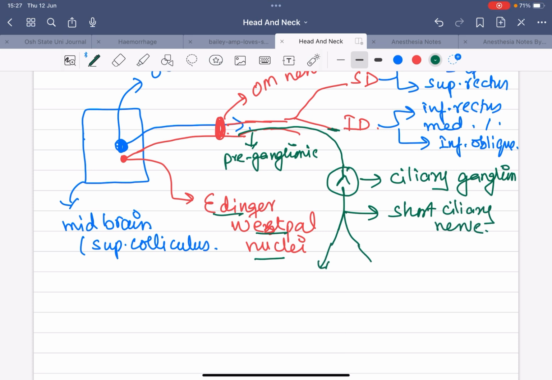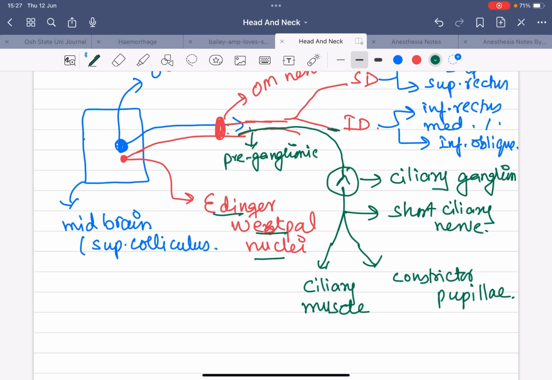Number 1, ciliary muscle. Number 2, constrictor pupillae muscle. Okay, so these two muscles are innervated by the parasympathetic fibers through the ciliary ganglion.